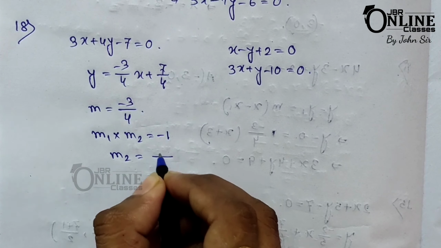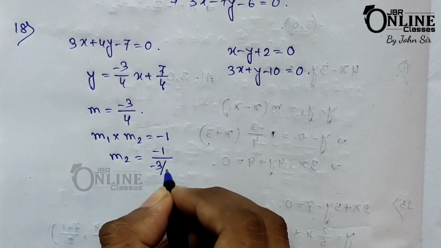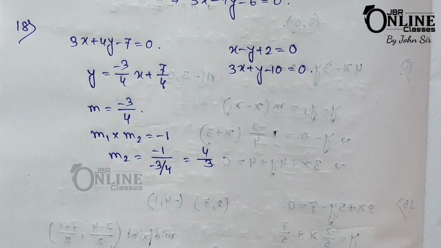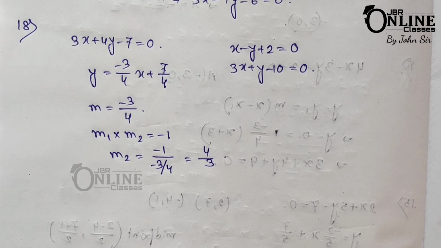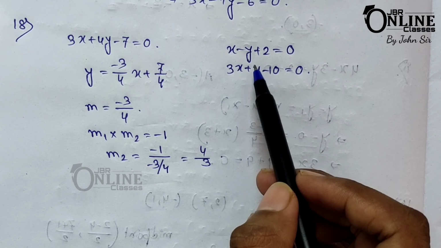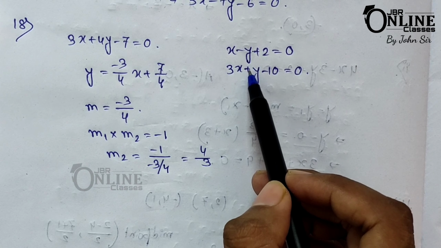So m2 equals minus 1 by m1, which equals 4/3. So 4/3 is the slope of the required equation.